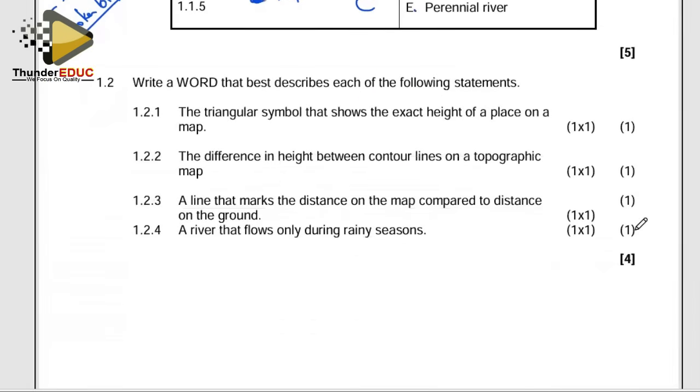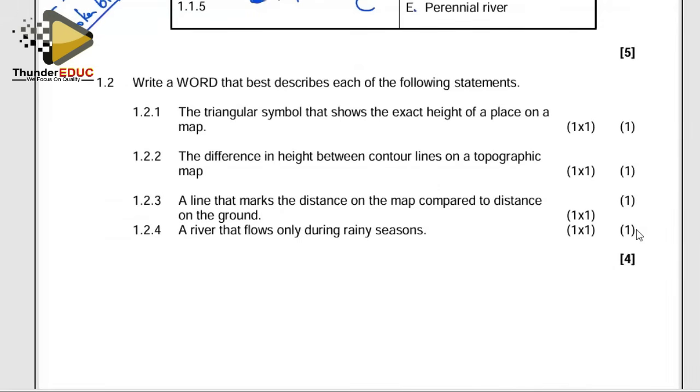Write a word that best describes each of the following statements. The first one is saying a triangular symbol that shows the exact height of a place on a map. Let me try to draw it, and I will try to explain something on that.